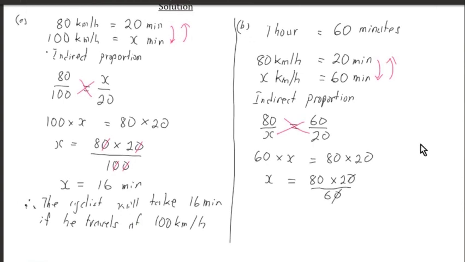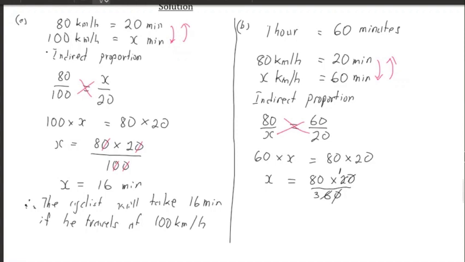I have 6 and 2. I know 2 will divide itself 1, and divide 6 3 times. So I end up with 80 divided by 3. So let's do that small long division here.